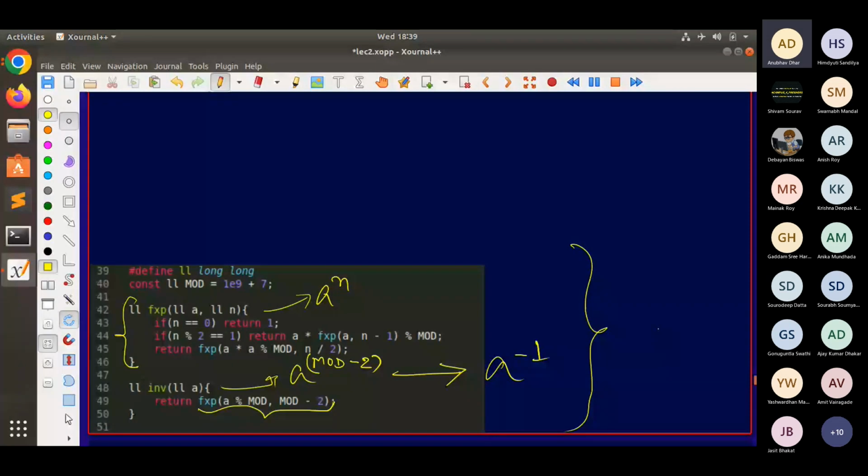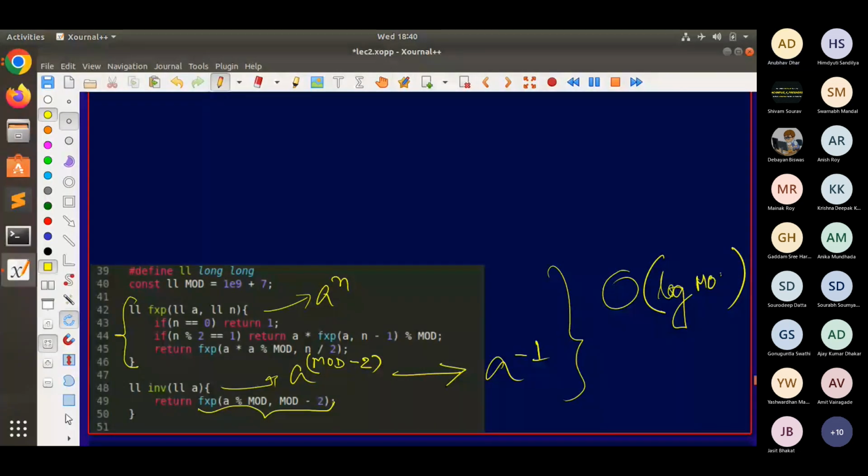Combinatorics is a key topic where this kind of manipulation is used. Can someone remind me what the complexity of this entire thing was? It is log of the mod, because we are finding an exponent.